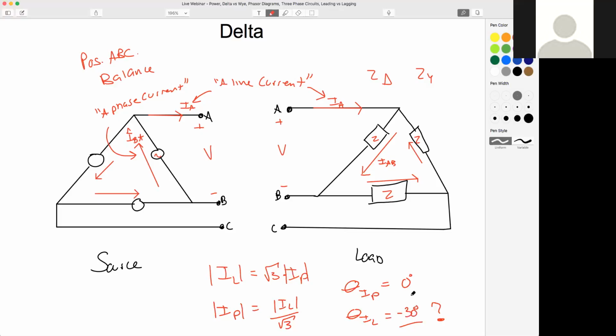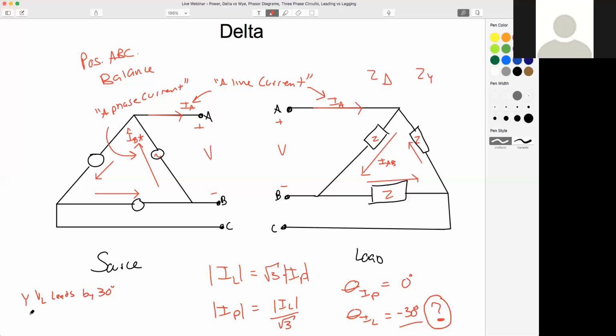How do we remember this? Someone asked me in a private email last week, Zach, what's the easiest way to remember this? The way I do it is I just remember that it's backwards. It's opposite from the Y. I memorize that for a Y system, the line voltage, so VL, leads by 30.